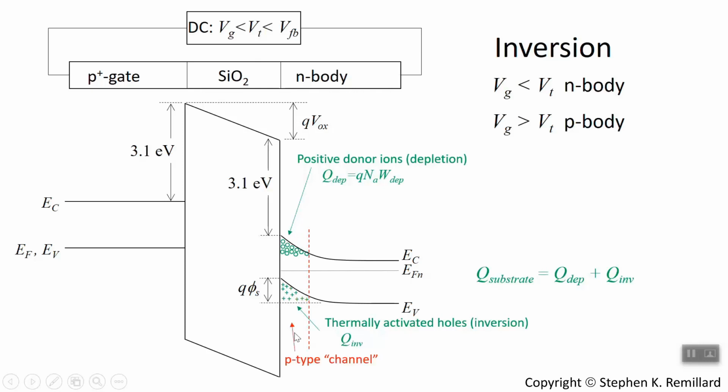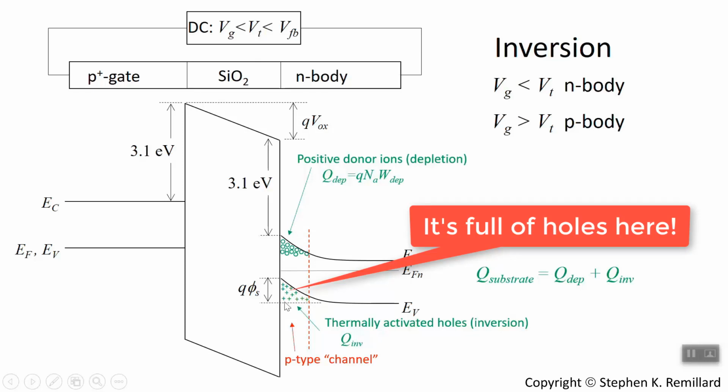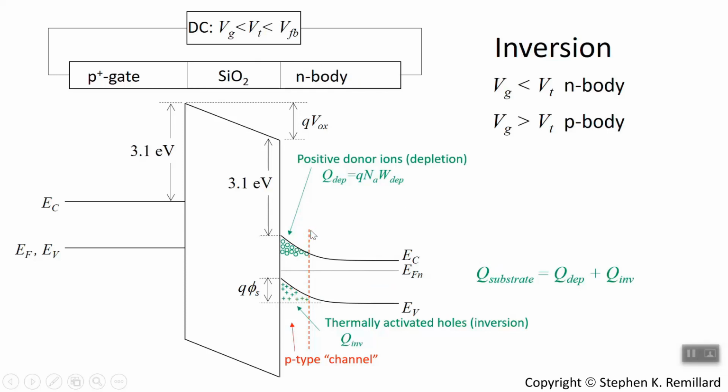So this whole region here, right of this red dashed line, is hole carriers. It has turned from an N-type semiconductor into a P-type semiconductor. That's why it's called inversion, because that change has happened. The bulk is N-type, but you get this thin little channel near the interface. That's P-type.